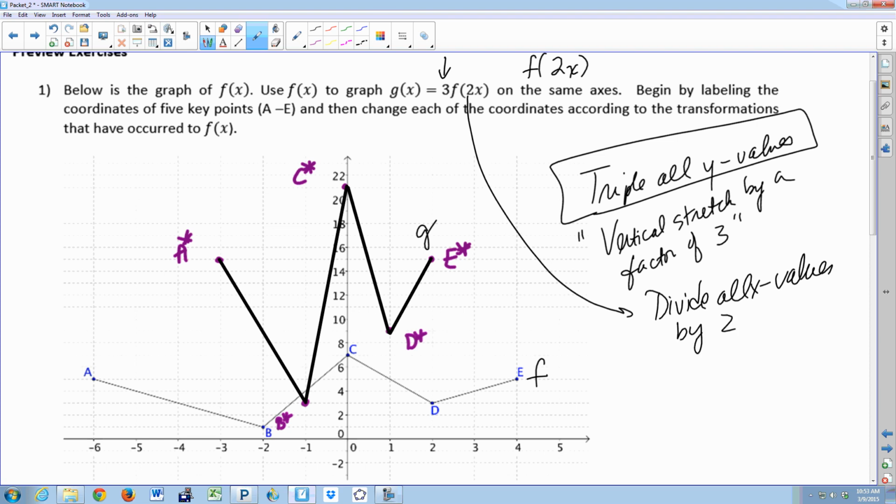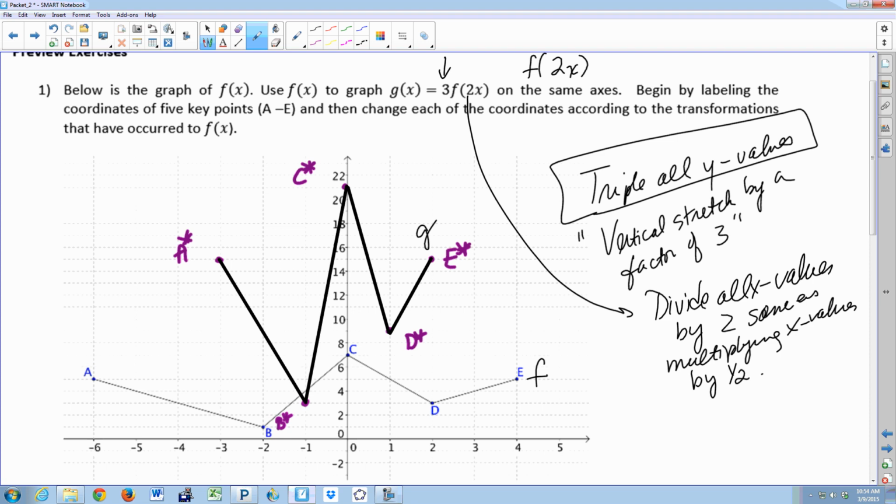It's not intuitive. Divide all my x values by 2, which is exactly the same as multiplying all my x values by a fraction, which is the reciprocal of 2. That fraction is 1/2.